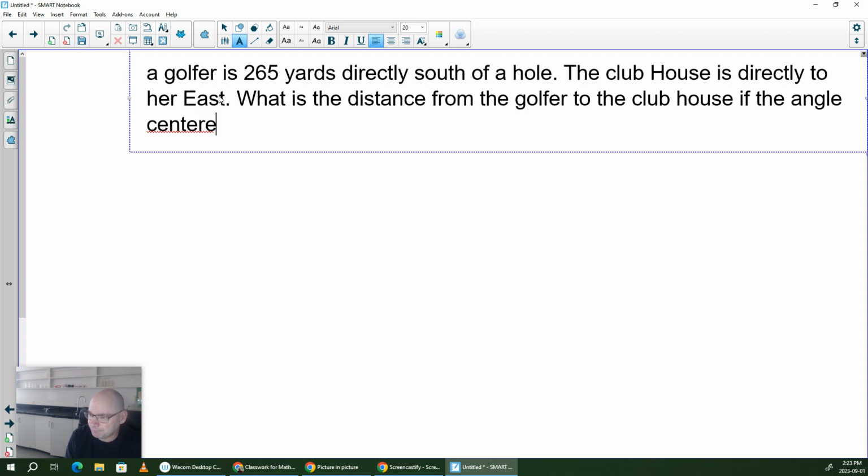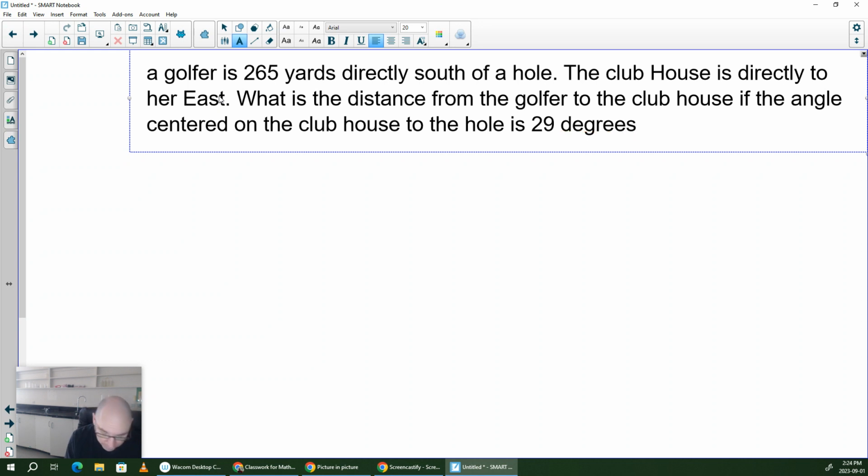Centered on the clubhouse to the hole is 29 degrees. Question mark.